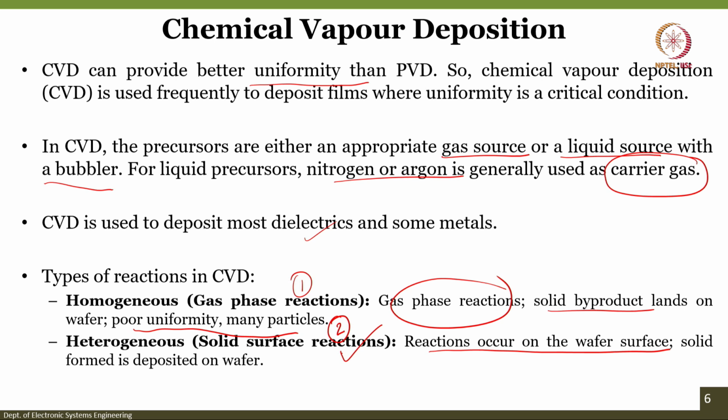So compared to homogeneous reaction, in a CVD chamber where heterogeneous reactions happen more, the quality of the deposited film will be better and the layer formed will be more uniform as well. So, always in a CVD chamber, the partial pressure of the reactant molecules is adjusted in such a way that heterogeneous reactions are preferred.